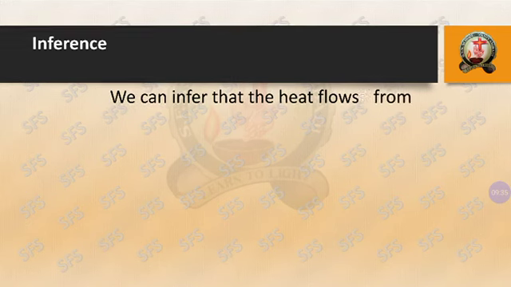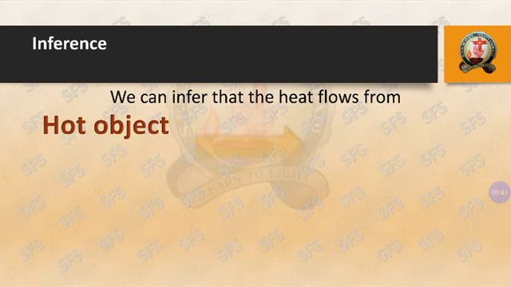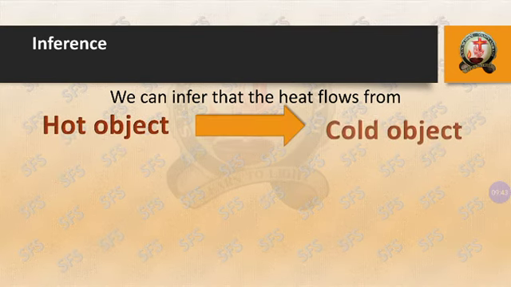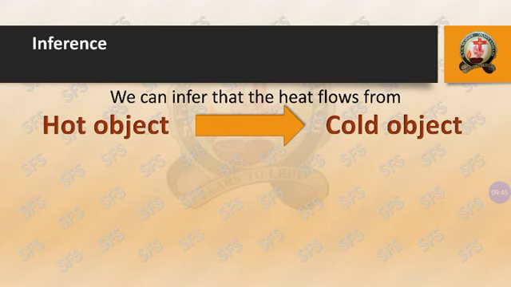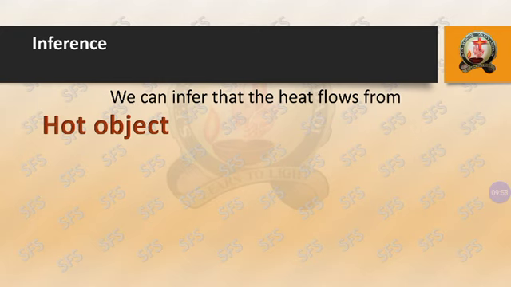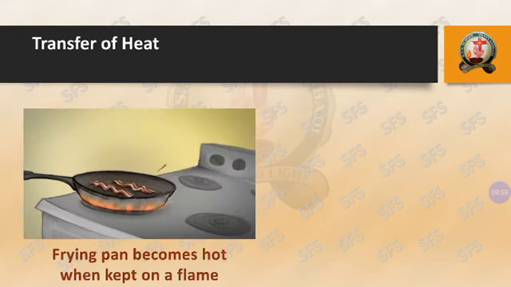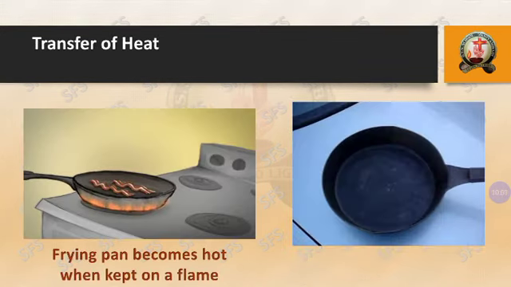So what do we infer from the previous example? We can say that the heat flows from hot object to cold object. Always remember, the heat always flows from hot object to cold object. In the previous example, in the beginning the frying pan was not hot, but the stove was hot due to the flame which is present in the stove.